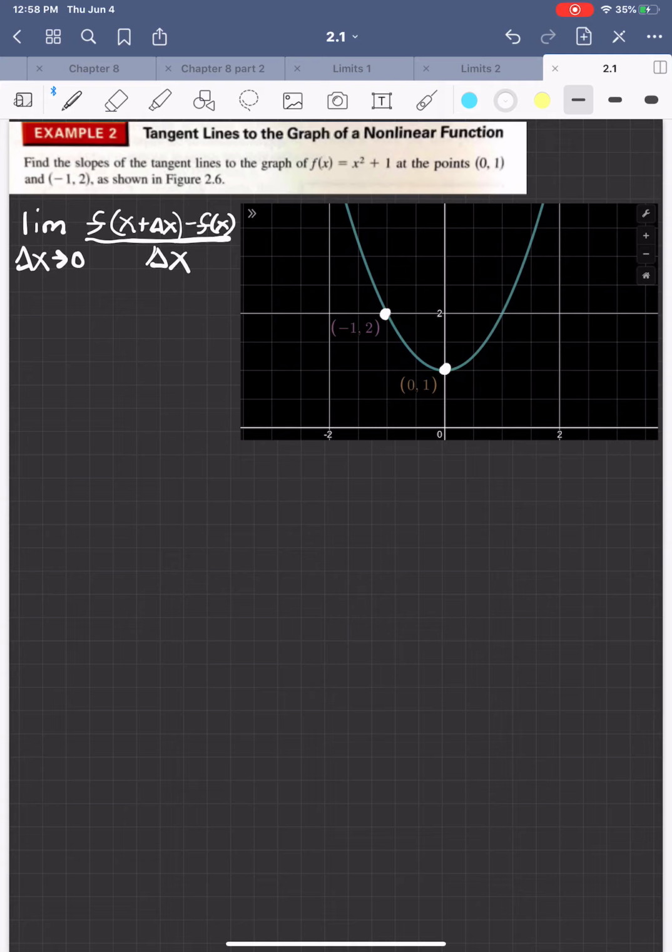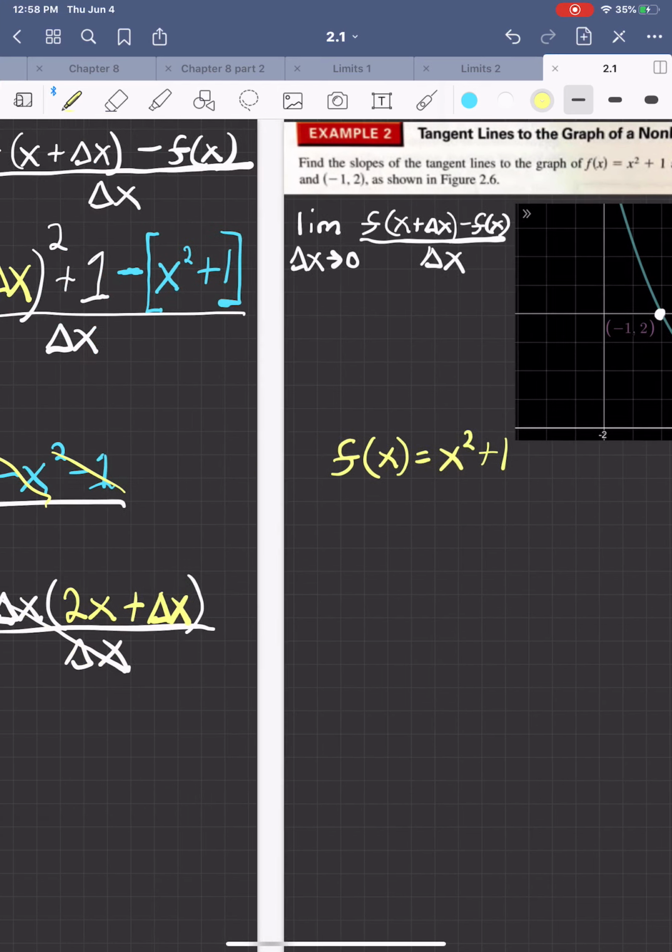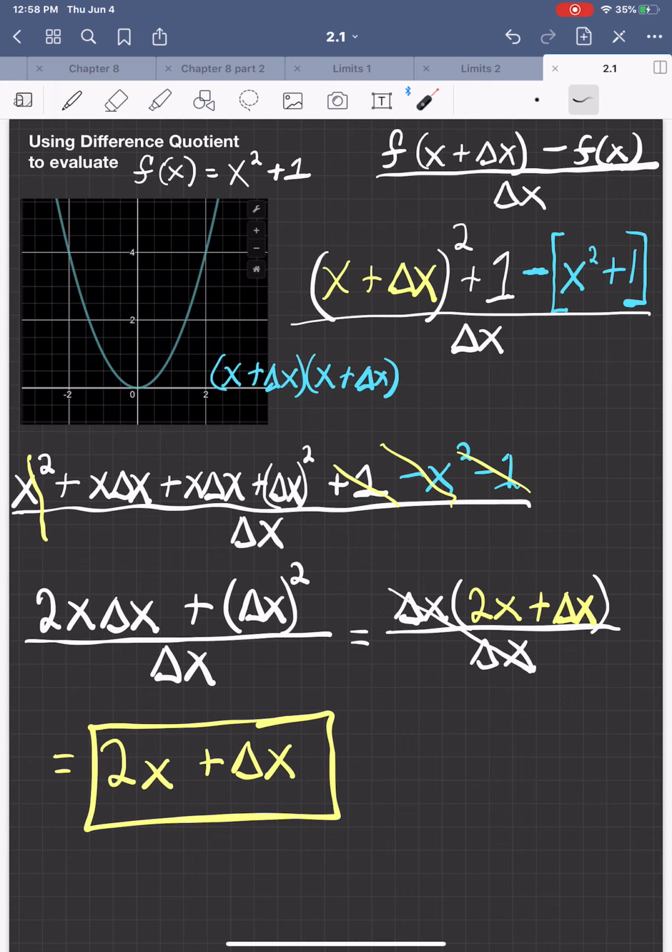All right, so the good news is we've already done all of that heavy lifting. Let me go ahead and write the function. So if f of x is equal to x squared plus 1, I'm going to go back to the previous page. So we did all of that heavy lifting.